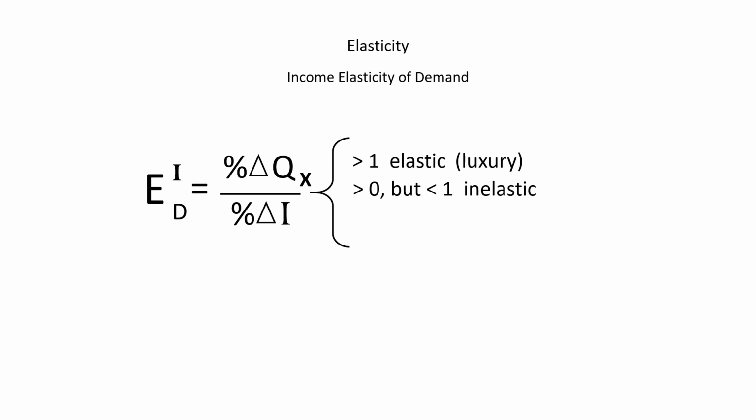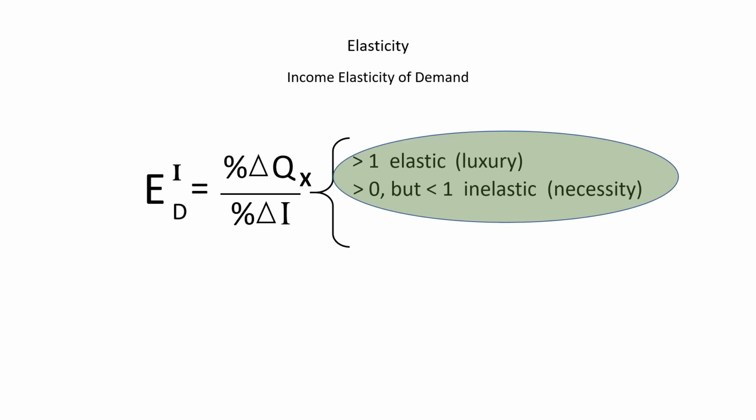You'll buy pretty much the same amount period after period, whether you're becoming richer or poorer. Such a good we'll call a necessity. You need a certain amount of this stuff and you're going to buy it whether you're rich or poor. When you get a raise, do you significantly increase the amount of toothpaste or toilet paper or light bulbs you consume? There might be a slight positive relationship, but it's not very strong.